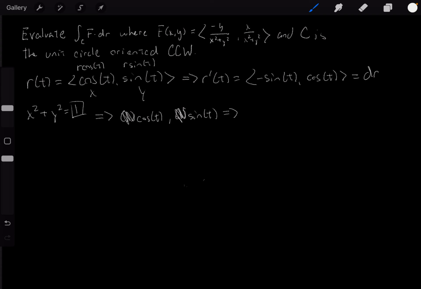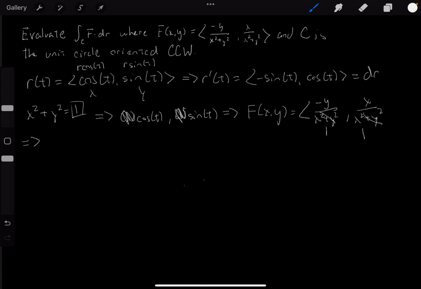So if we move on to F of x, y, it's going to be negative y over x squared plus y squared, and x over x squared plus y squared. Since we already know that x squared plus y squared equals 1, we can cancel out the denominators, which leaves us with negative y, x.